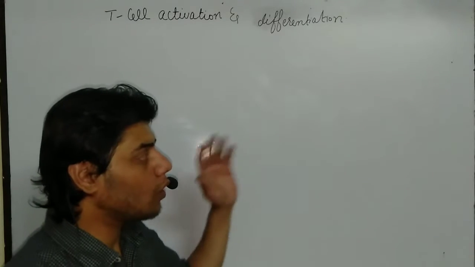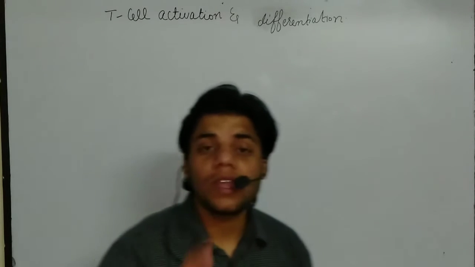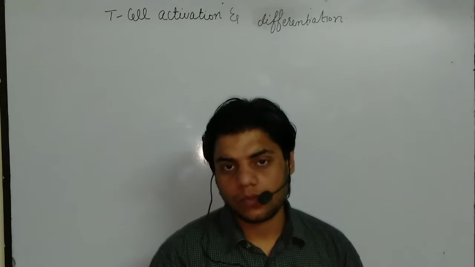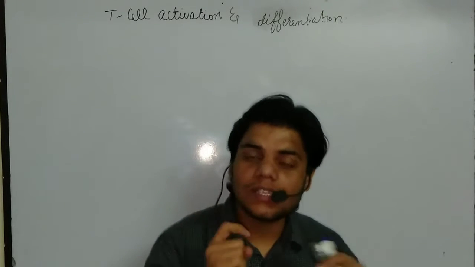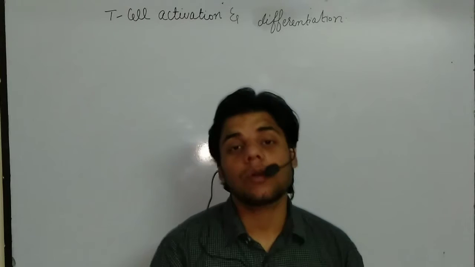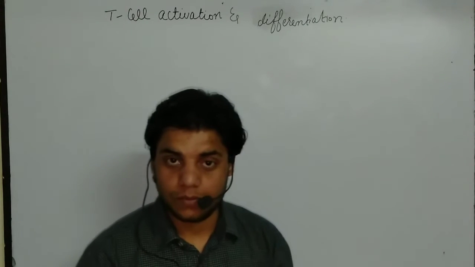If we want to control all this infection and disease, then inside our body the T cell will be activated. If we want to activate immunity against this infection, the T cell will be activated. Activation of the T cell is very important for the control of each infection and disease.